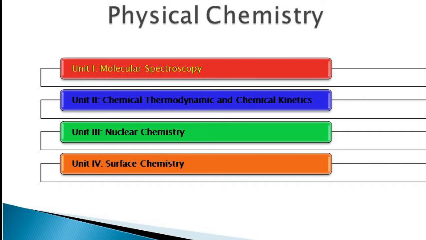First is chemical thermodynamics and second is chemical kinetics. Unit third is nuclear chemistry, and unit 4 is surface chemistry. For this semester, as per the allotment, I am going to teach you unit first, molecular spectroscopy.